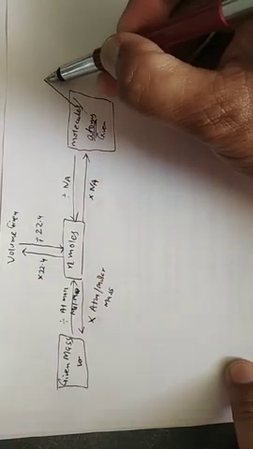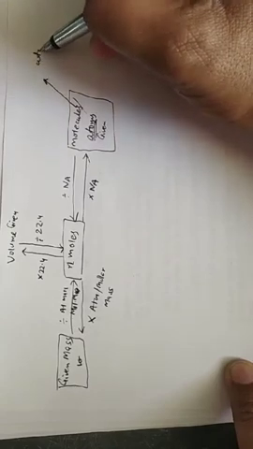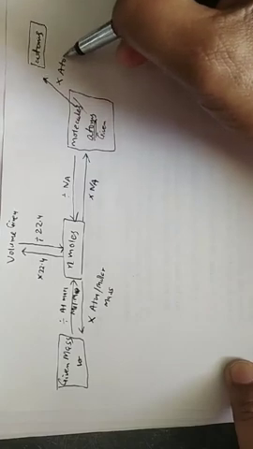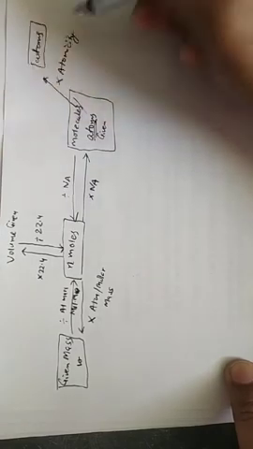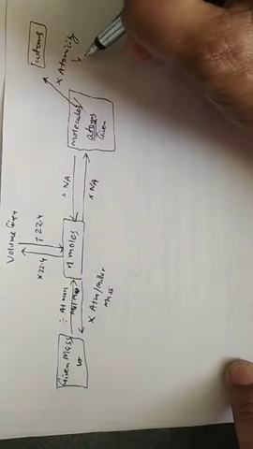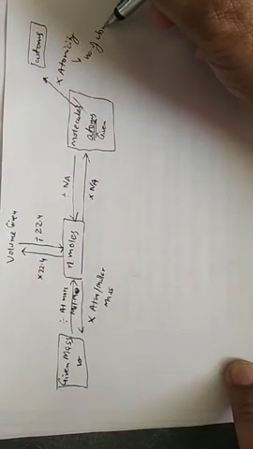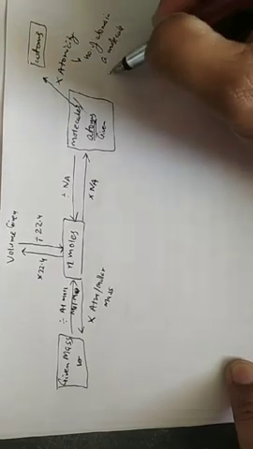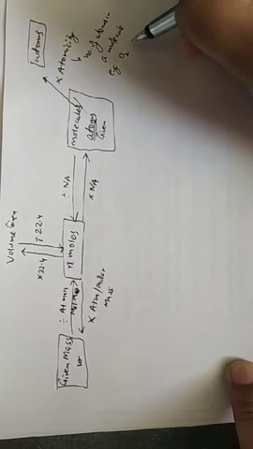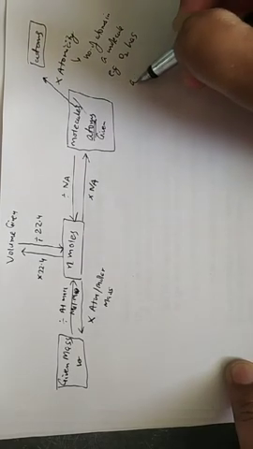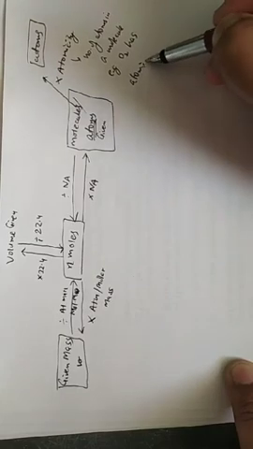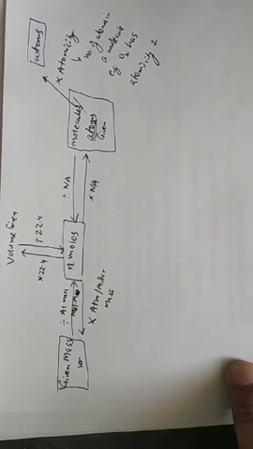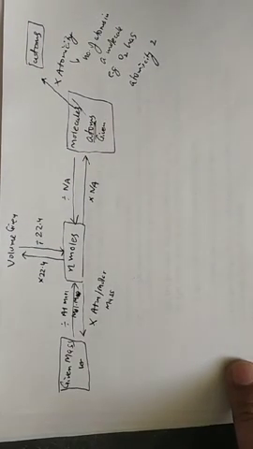These molecules can be changed into atoms by multiplying with atomicity. Atomicity means the number of atoms in a molecule. For example, O2 has atomicity 2, N2 has atomicity 2, O3 has atomicity 3, like that.